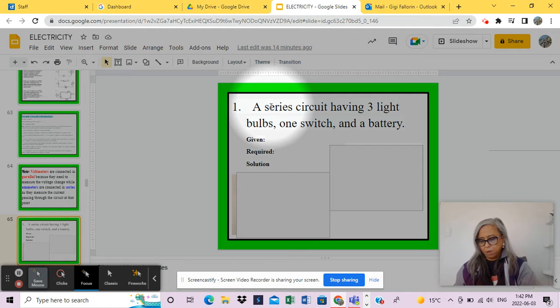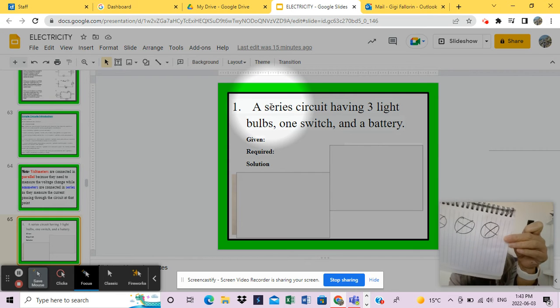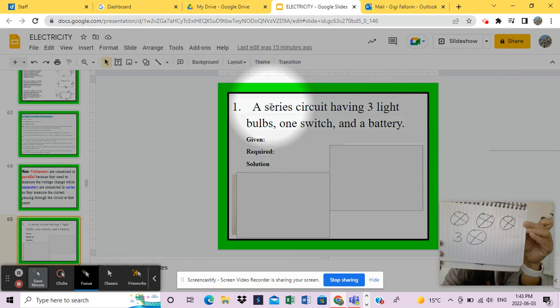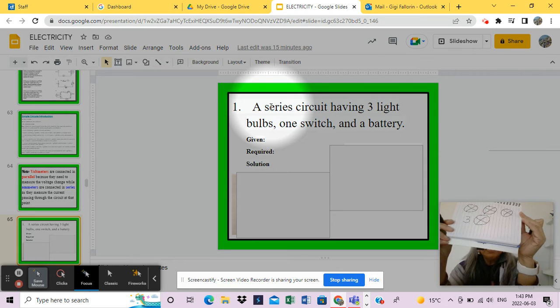So under given, I have here three light bulbs. Easier would be for you to just have it like this, three bulbs.